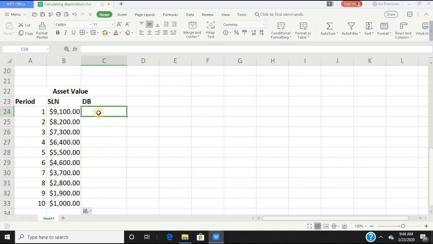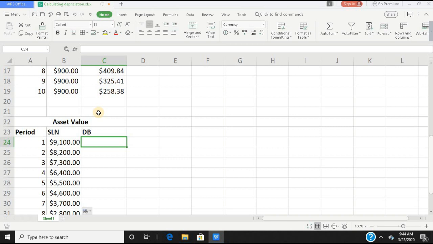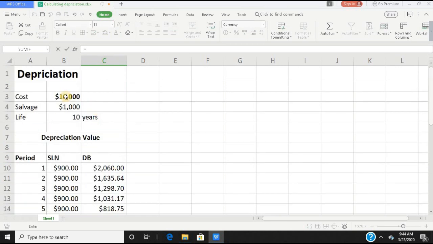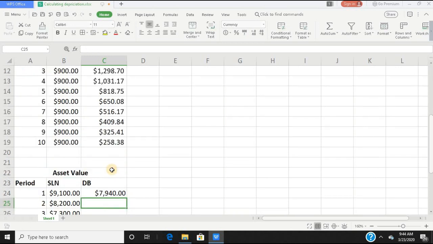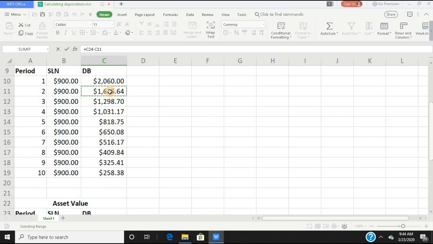The same technique you will apply in diminishing balance also, is equal to the cost of the machine minus the depreciation that has occurred in the first year. Hit enter. Okay, now from second year onwards is equal to the asset value in the first year minus the depreciation that occurred in second year.